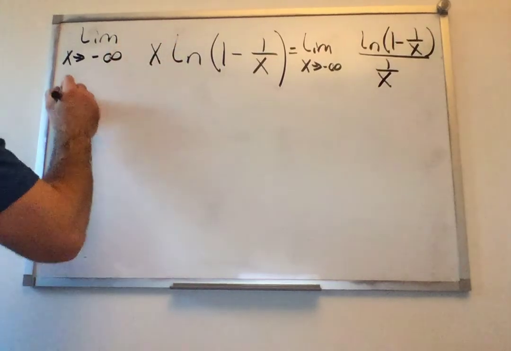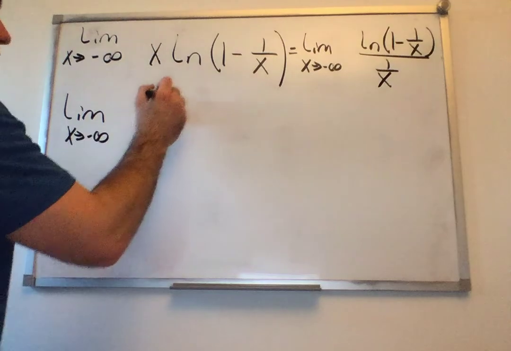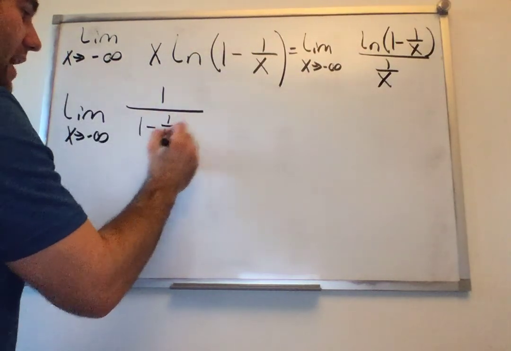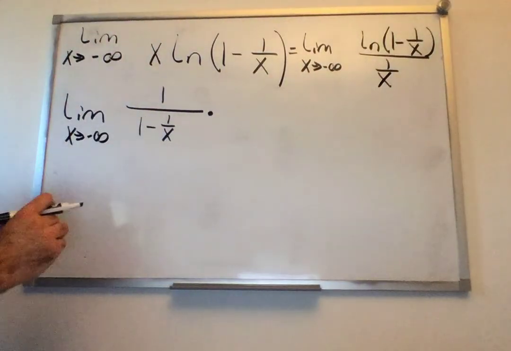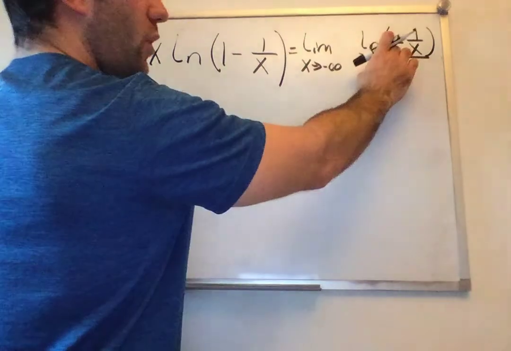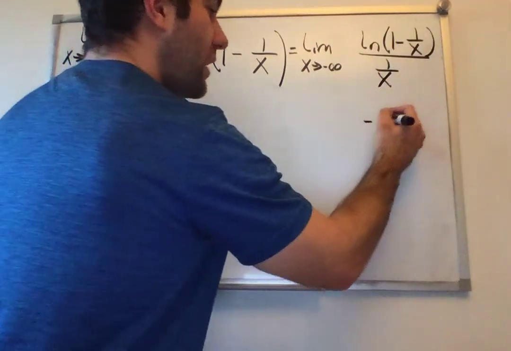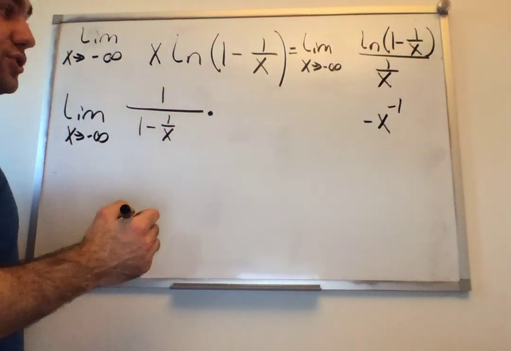If you remember how to take the derivative of an ln function, it's 1 divided by whatever's on the inside, 1 minus 1 over x, times the derivative of the inside. We're going to have to use the chain rule. The derivative of 1 is 0. The derivative of negative 1 over x, well, I can write that as negative x to the negative first, and just use the power rule.